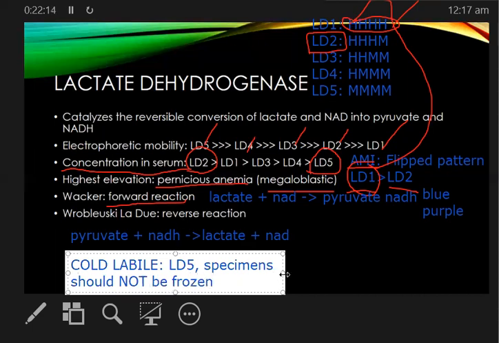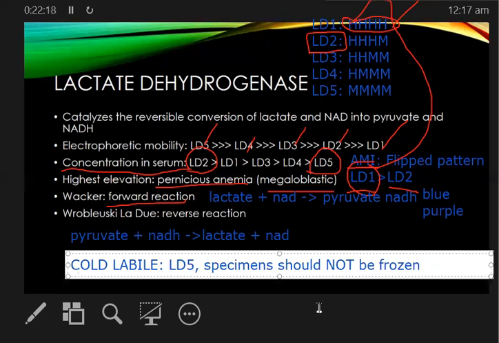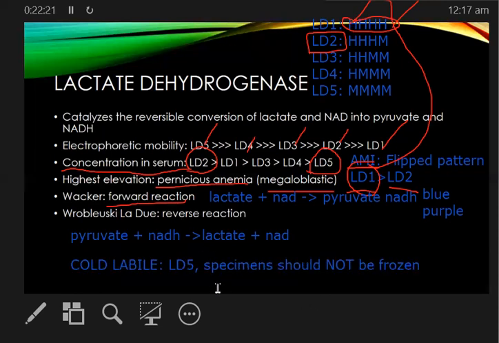Be careful, because when it comes to storage of specimens in clinical chemistry, what do we usually do? We freeze. That's the common general storage of samples in clinical chemistry. However, if you are going to measure lactate dehydrogenase, specimens should not be frozen. They should instead be stored at room temperature.